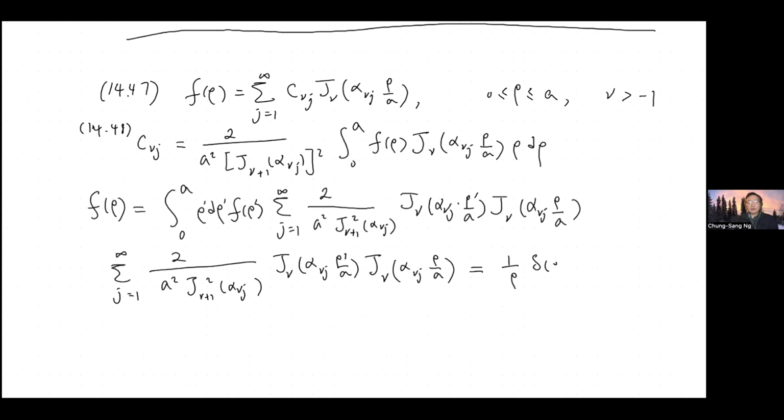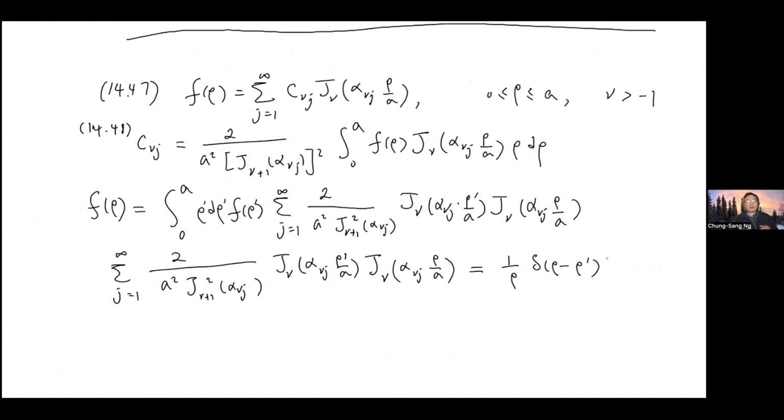And you can change it to rho prime, doesn't matter because of the delta function with the argument rho minus rho prime. This can be rho or rho prime, but that doesn't matter. And so that is regarded as the completeness condition for this basis.